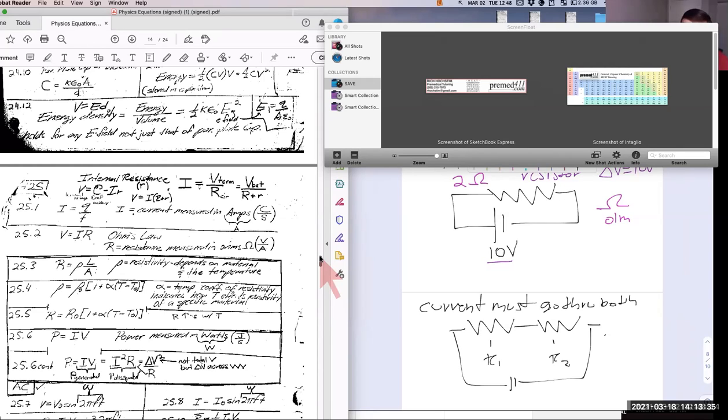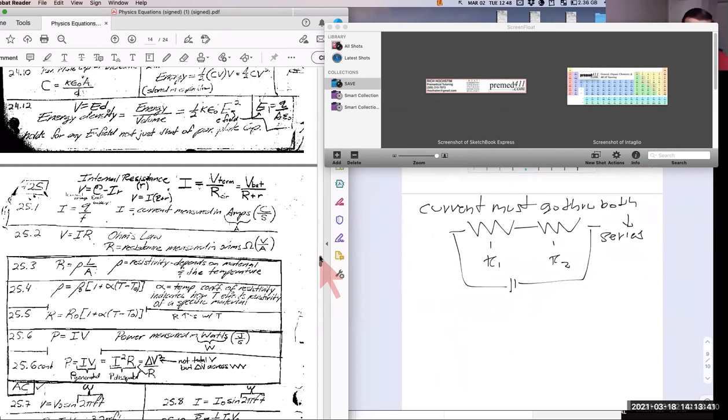When that's the case, it's going to be a series circuit. And when it's a series circuit, you probably know that there's something called the equivalent resistance. And the equivalent resistance is going to be R1 plus R2. Very simple. So you would just add them, and then you could calculate what the current would be.